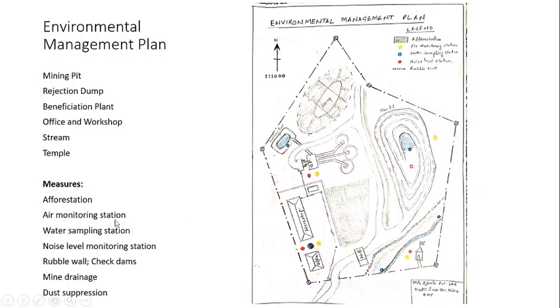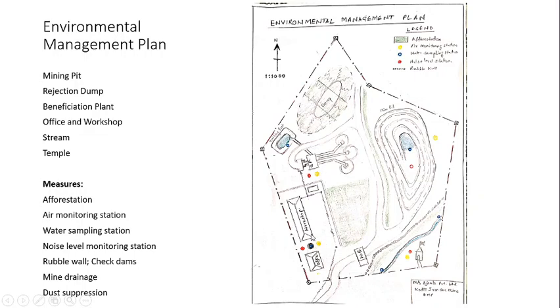Air monitoring stations have been marked here: 1, 2, 3, and 4. This is at the pit where there will be excavators working, and therefore dust will be generated here. Similarly, at the beneficiation plant, there will be dust generated. So there is one air monitoring station here.